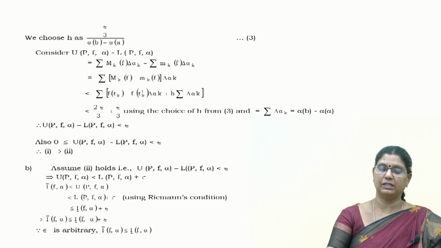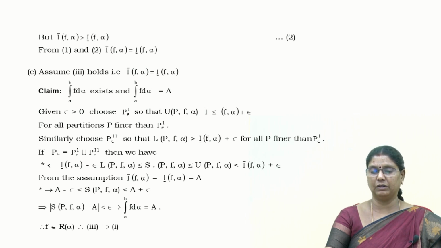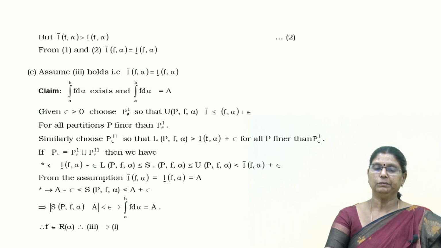And since epsilon is arbitrary, we can write I upper bar of f comma alpha is less than or equal to I lower bar of f comma alpha. But we know that I upper bar of f comma alpha is greater than or equal to I lower bar of f comma alpha, and combining these two we get I upper bar of f comma alpha is equal to I lower bar of f comma alpha.